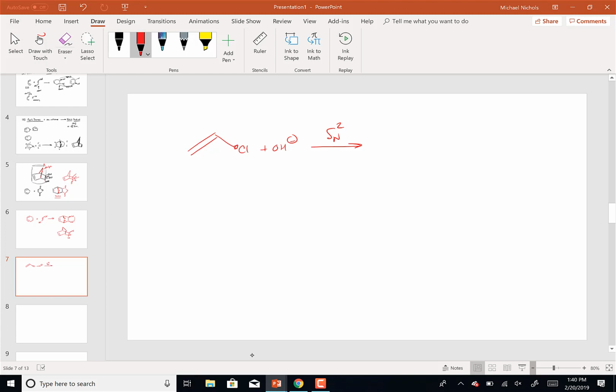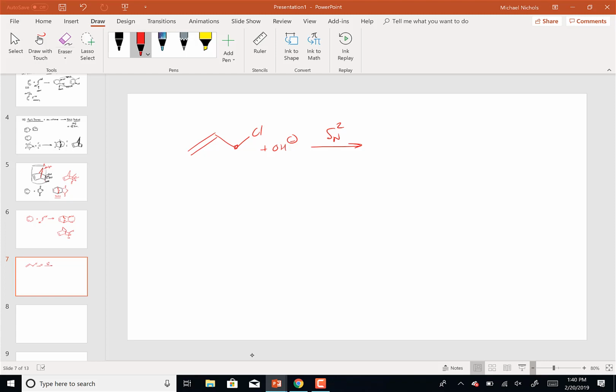We already know that the allylic chloride reacts faster in an SN1 mechanism, because when you lose the chlorine, you form a stable allylic carbocation, because it'd be primary allylic with two resonance structures.